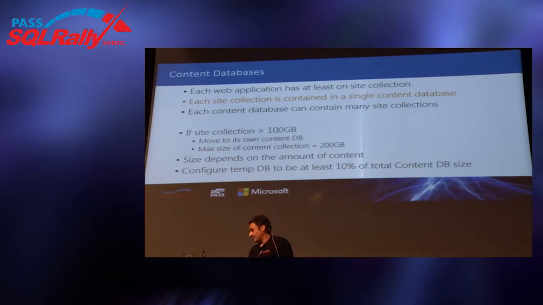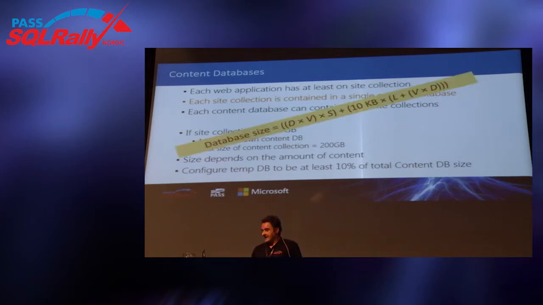Of course, the size depends on the amount of content, and your TempDB should be at least 10% of your largest content DB size. So to find out how large your content DB will grow, there is this simple formula, where D is the number of documents, V is the number of versions you keep per document. In SharePoint, I'm sure you know, you can version your documents and decide how many old versions you want to keep.